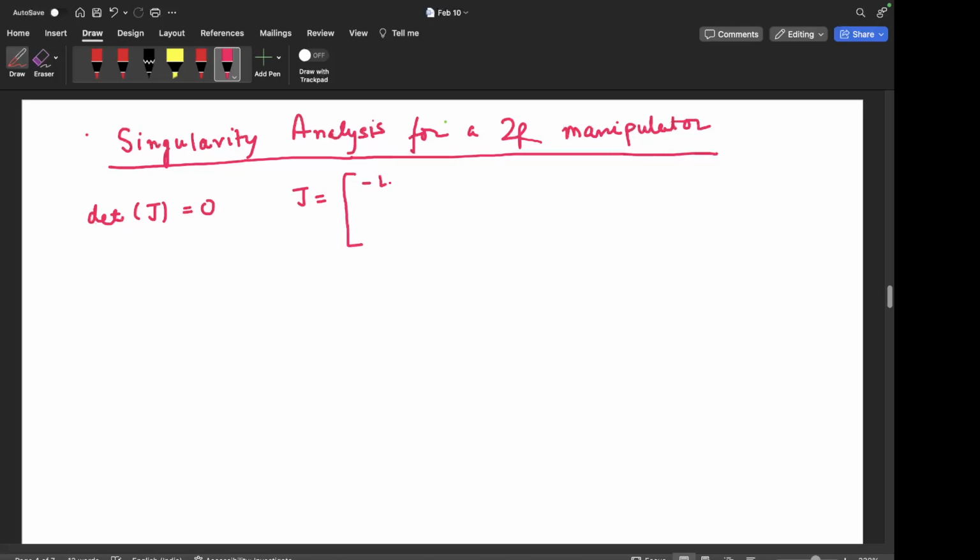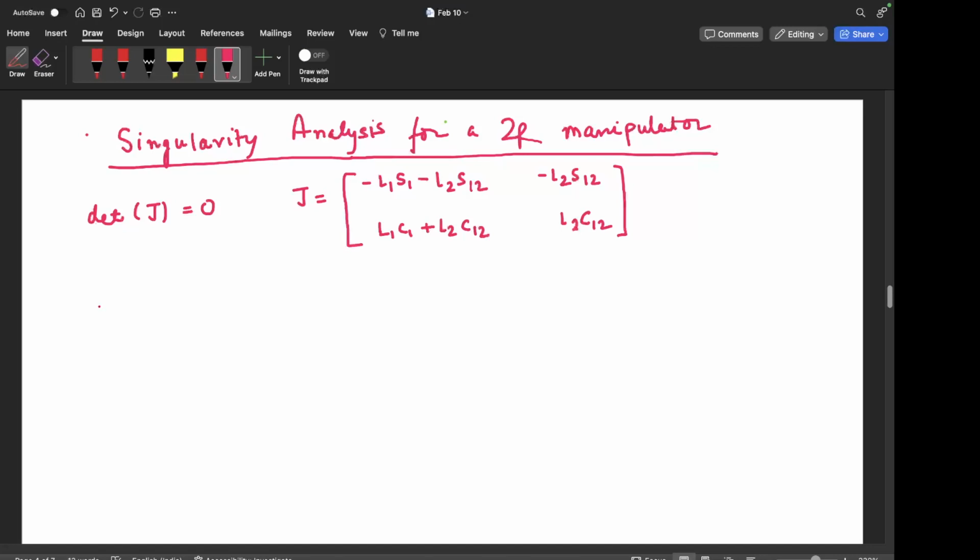Again, I am writing the Jacobian for reference. It was L1 S1 minus L2 S12, minus L2 S12, L1 C1 plus L2 C12, and L2 C12, right?